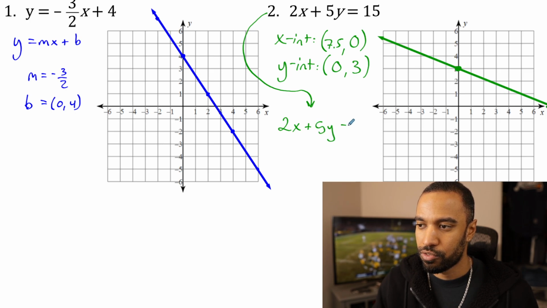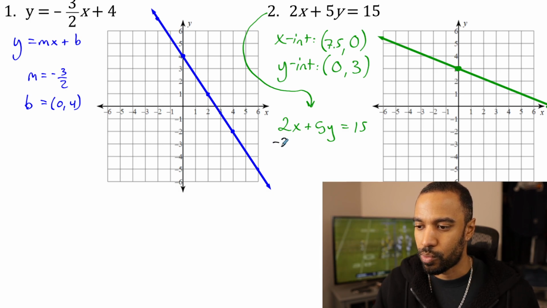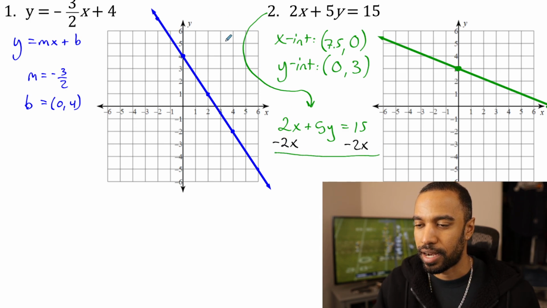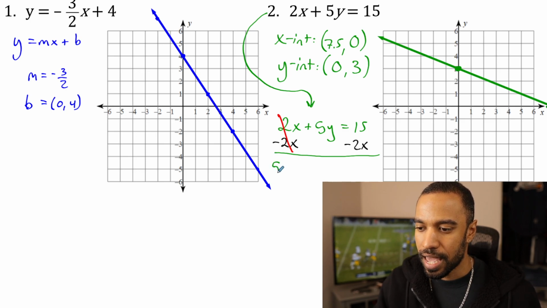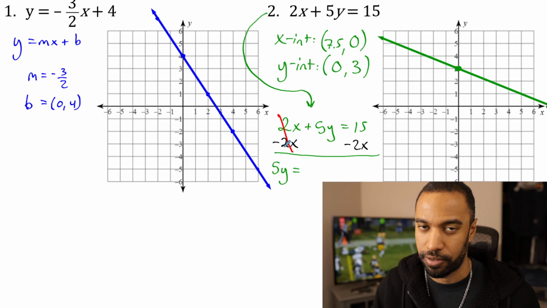So I have 2x plus 5y equals 15. If I go ahead and subtract 2x from both sides, I get the 5y term all alone on its one side of the equation there. And I'm going to go ahead and have 5y equals, now if I want to get this in y equals mx plus b form, I need the negative 2x term to appear first.